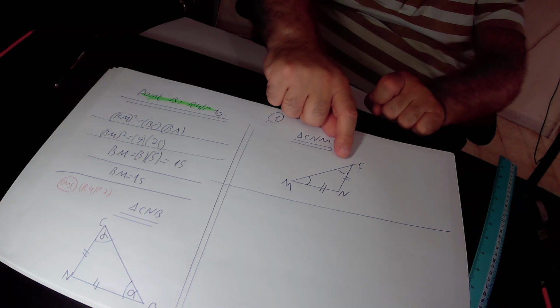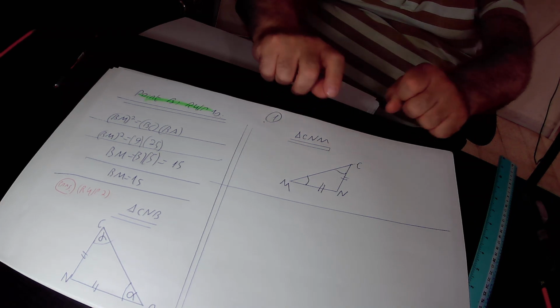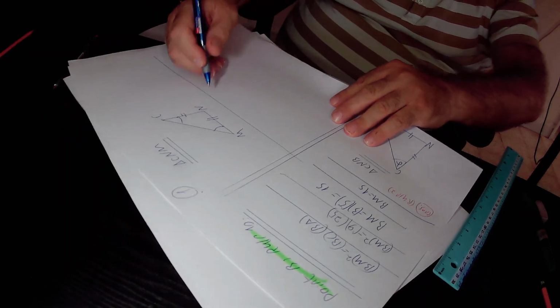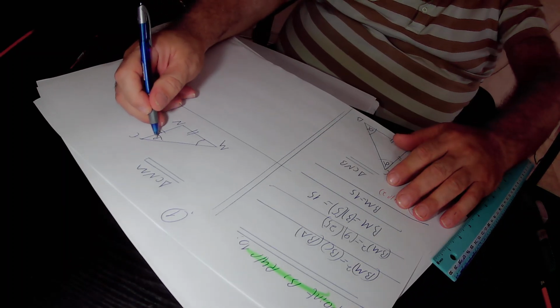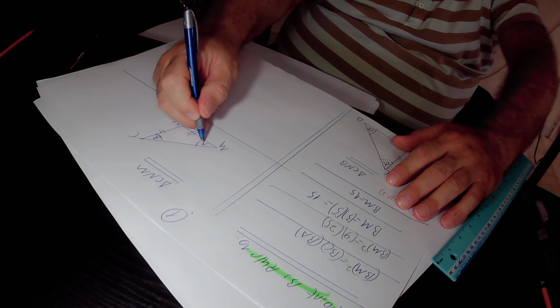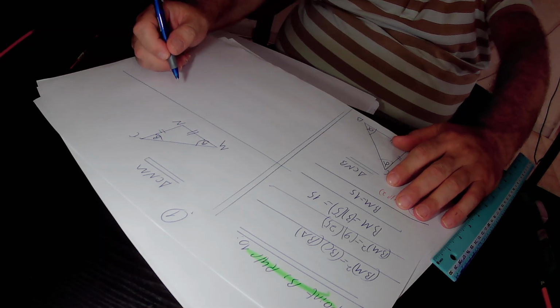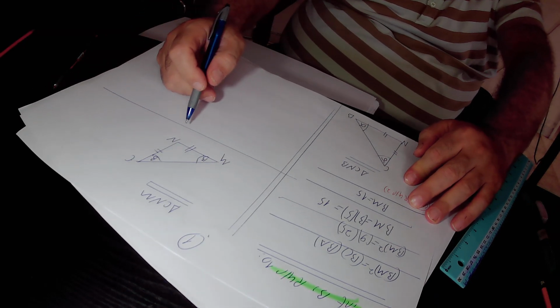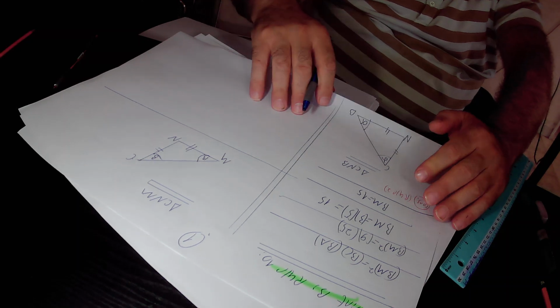So if the size of this angle is beta, then the size of this angle must also be beta. So in total, we found out that angle MCN equals beta and angle CMN also equals beta.